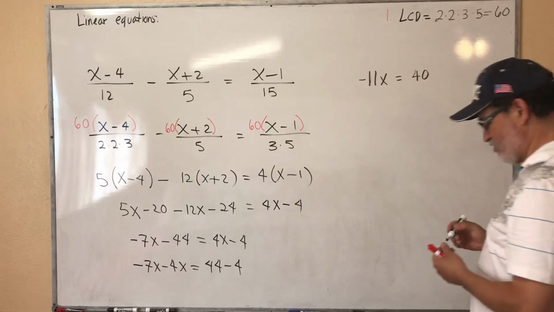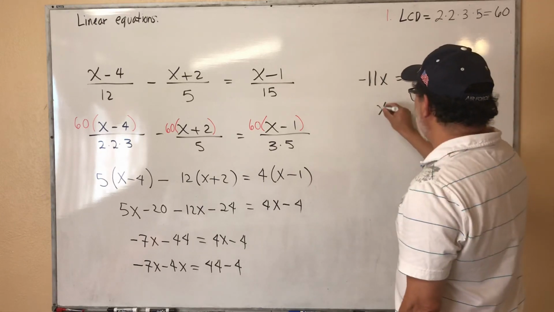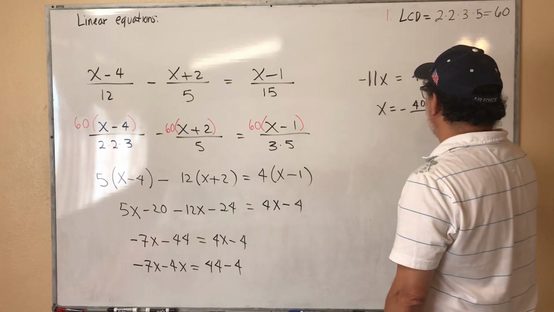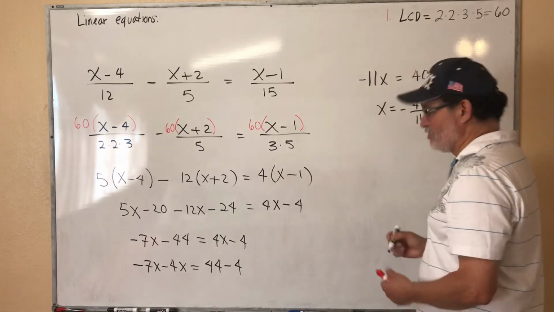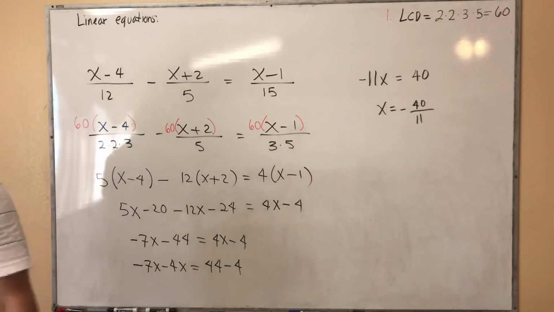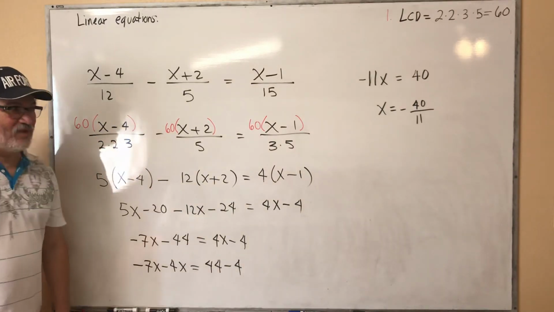Negative 40. And so therefore, x equals to negative 40 all over 11. There we go. And that's your answer.